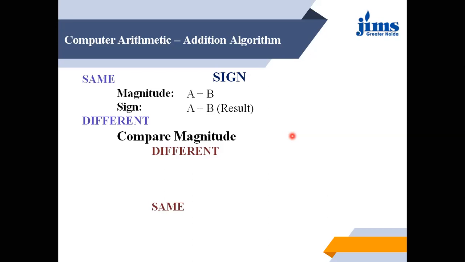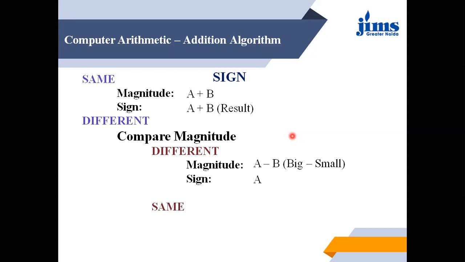We are not talking about the sign bit. We have to subtract only the magnitude of one number from the other. The sign of the result will be the sign of A if A is bigger.